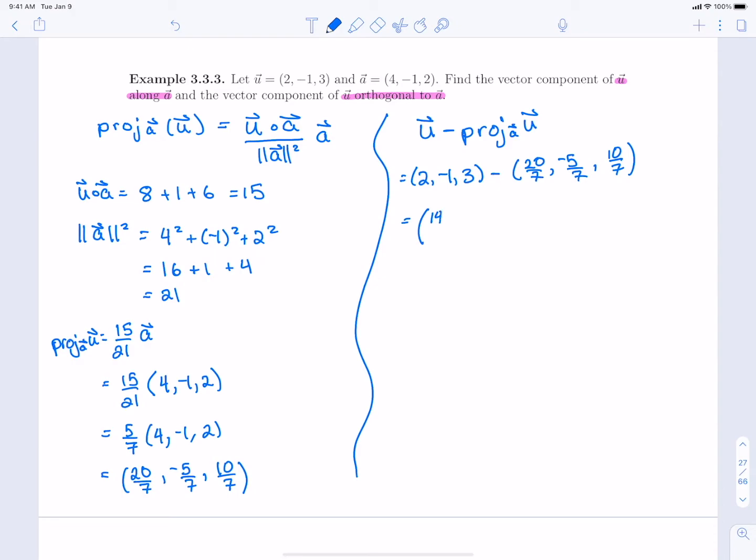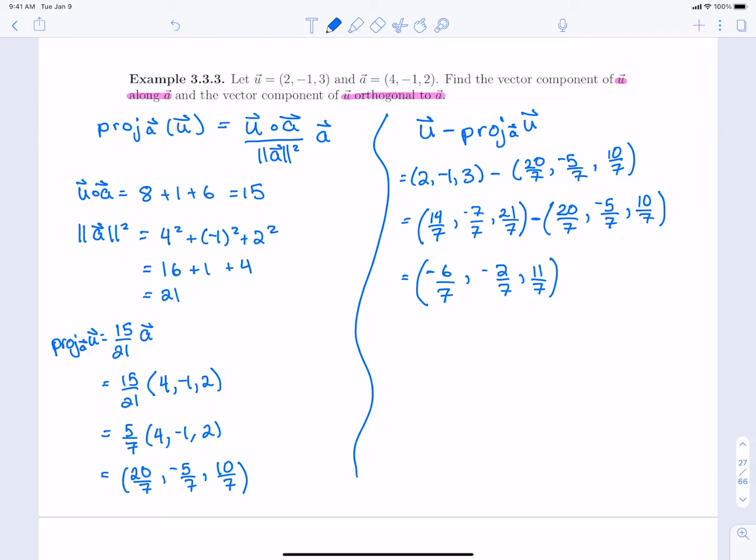So I would be going 14 over 7, negative 7 over 7, and 21 over 7 minus the projection we'd already found, 10 over 7. And we are left with negative 6 over 7, negative 2 over 7, and 11 over 7 as the vector that is the components of u orthogonal to A.